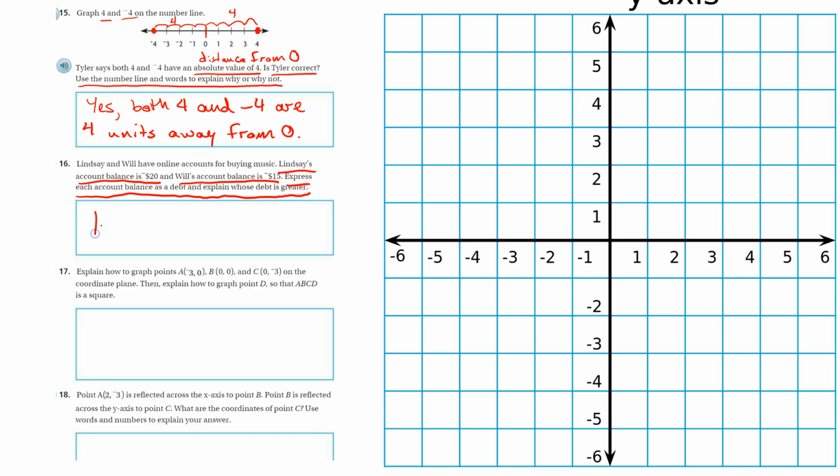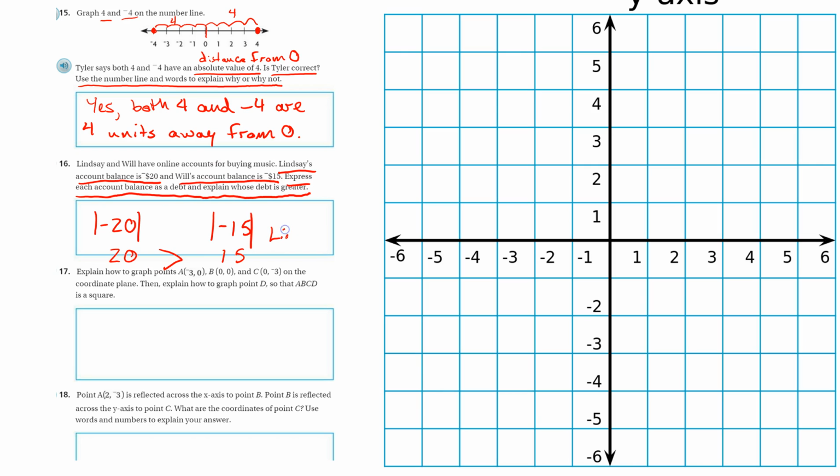So we're looking at absolute value. So we're comparing the absolute value of negative 20 and the absolute value of negative 15. Absolute value of negative 20 is 20. Absolute value of negative 15 is 15. So who owes more? The person that owes 20, which in this case is Lindsay.